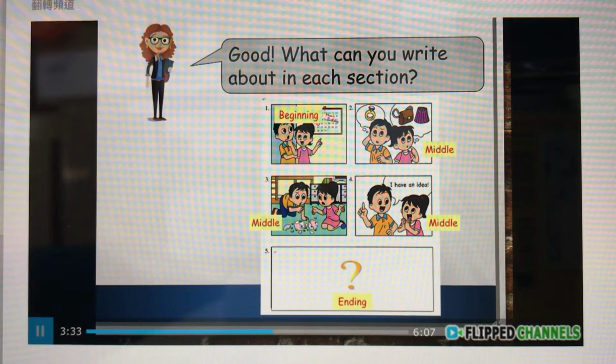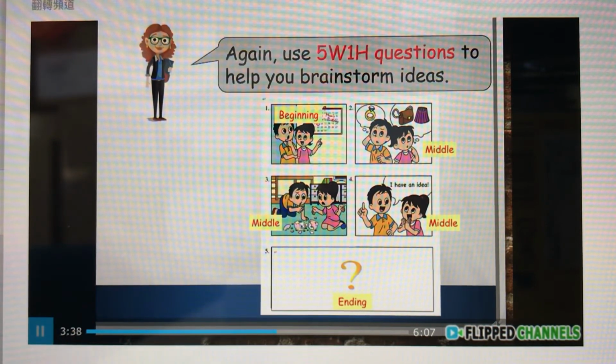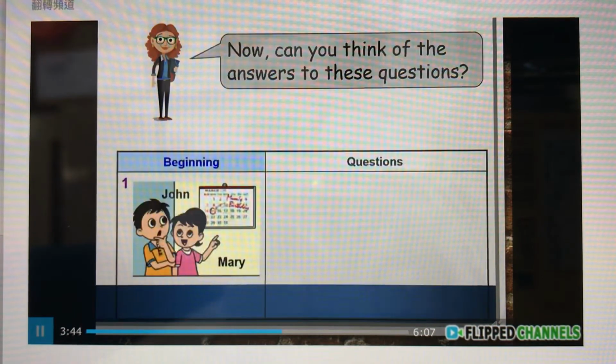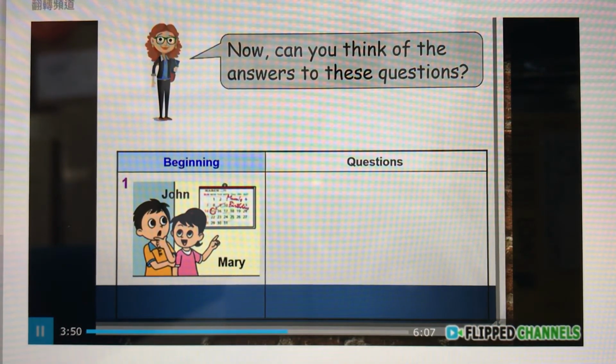Good. What can you write about in each session? Again, use 5W1H questions to help you brainstorm ideas. Now, can you think of the answers to these questions?